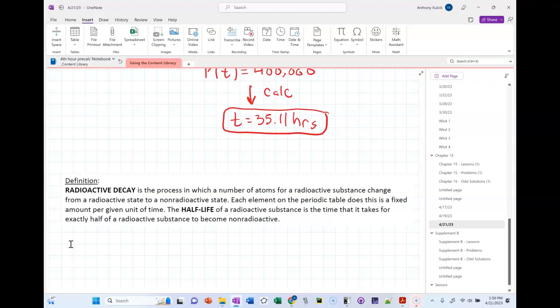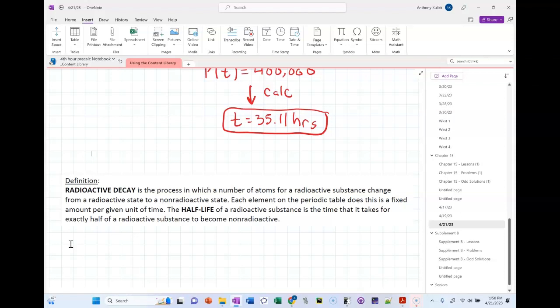In an effort to get to a more stable configuration, that element will eject some particles from its nucleus, neutrons and protons. That process is radiation, that act of releasing those particles from its nuclei.